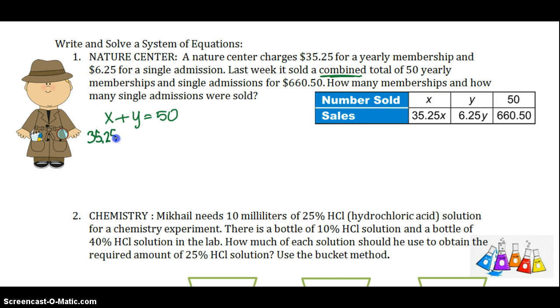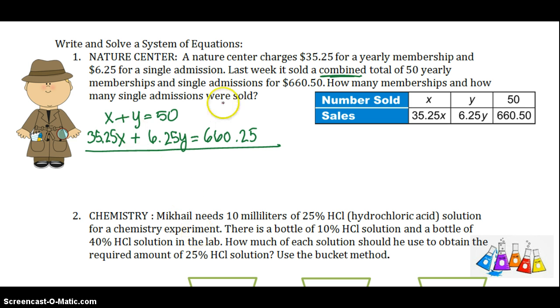It's always about this time that I start resting my hand on the screen and making it mess up. And then $6.25 was for the single, and our total amount of money was $660.25. I think it doesn't like the clip art. So there are my two equations, and I need to solve.